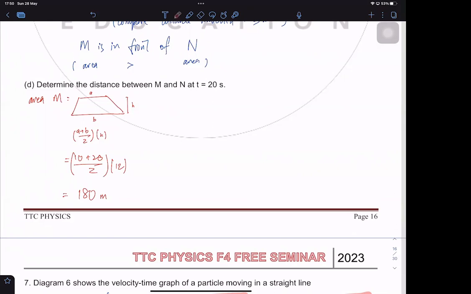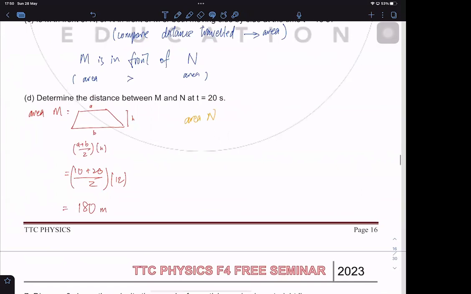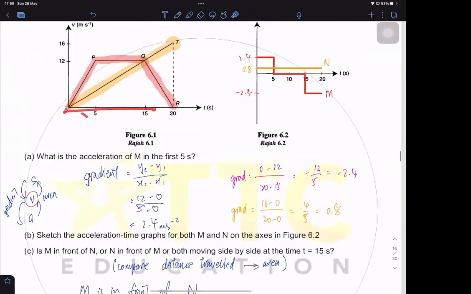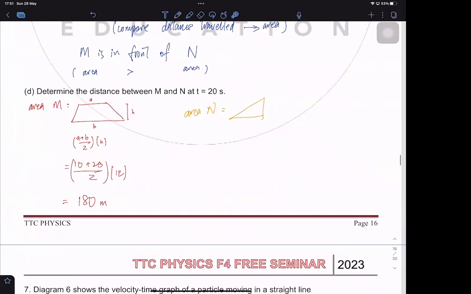What about N? N is just one giant triangle, right? One big triangle. The base is 20, the height is 16. So it's half times 20 times 16. Half times 20 is 10. 10 times 16 is 160.